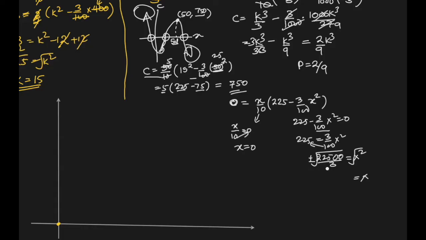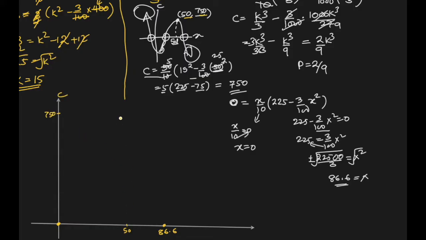And when I use my calculator, I get 86.6 liters. This is the second x-intercept. Let's say it is here, 86.6. And the maximum we already know, 50, 750. So 50 will be somewhere here. And for 750, the scale has to be different from the x-axis. This is the c-axis.